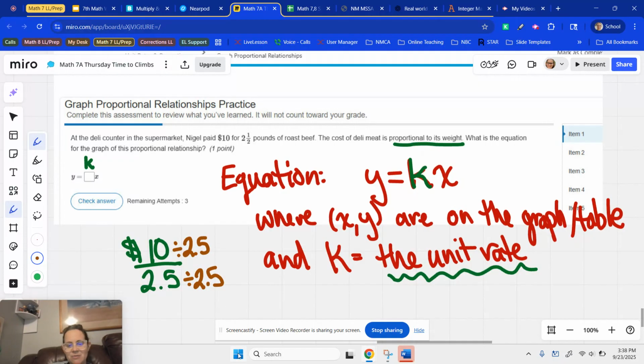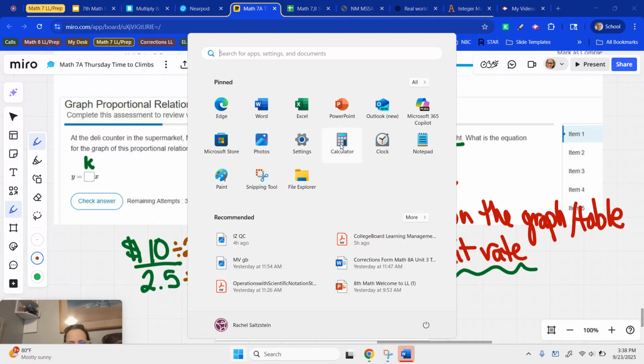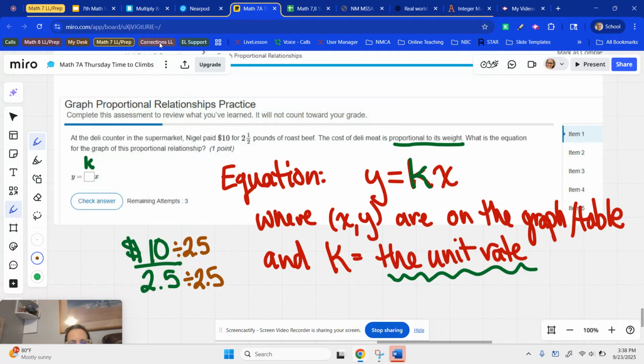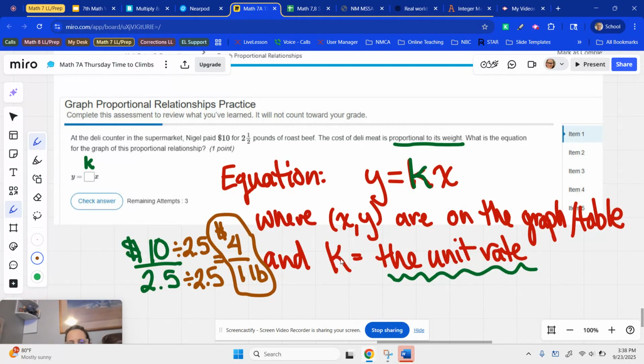I'm going to go ahead and grab my calculator and do it that way. 10 divided by 2.5. And I'm getting 4. All right. That makes sense to me because this is $4 per 1 pound. $4 a pound for that roast beef.